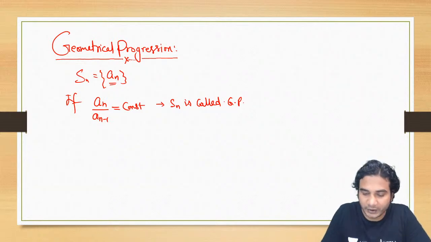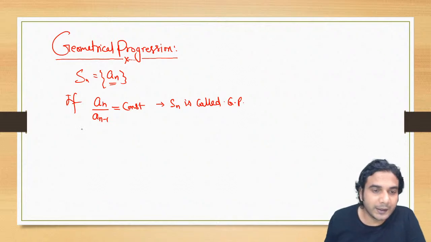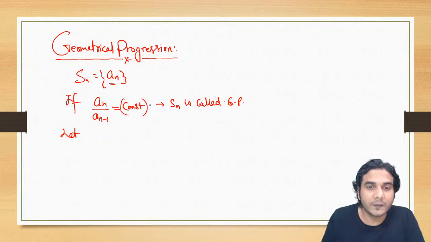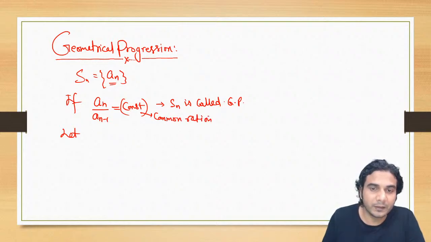Let the first term be a and this constant ratio be r. This ratio is called the common ratio, like the common difference in AP. It is called the common ratio in GP.